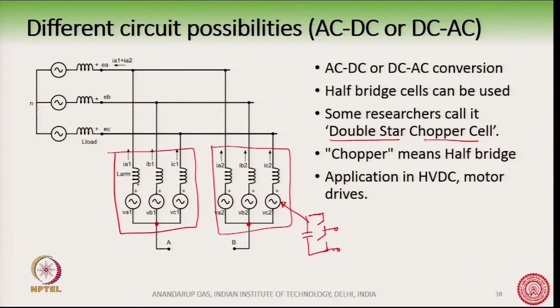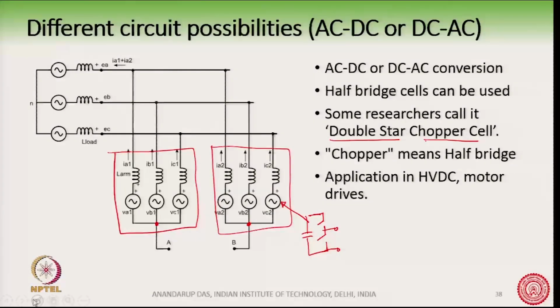Now, if you note it carefully, you will understand that the cascaded H-bridge converter, which we had discussed earlier, is nothing but a subset of MMC. Okay.